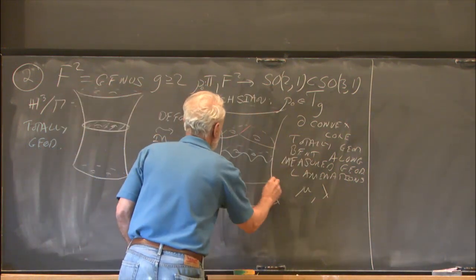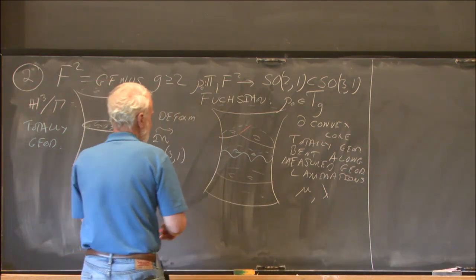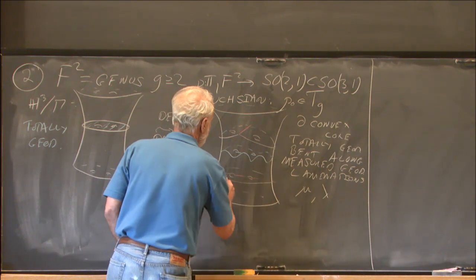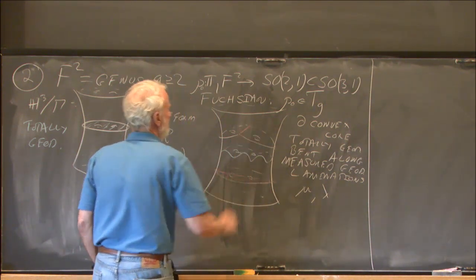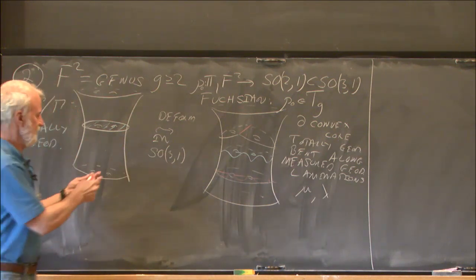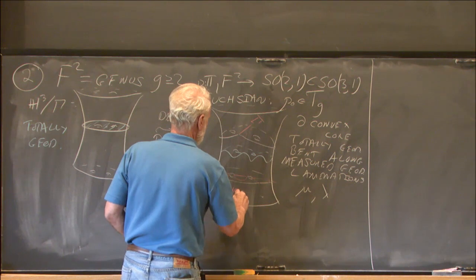I'm not going to attempt to draw it like it's bent, but at any rate, there are some curves here which are bent. So we think of this as lambda here and mu here.